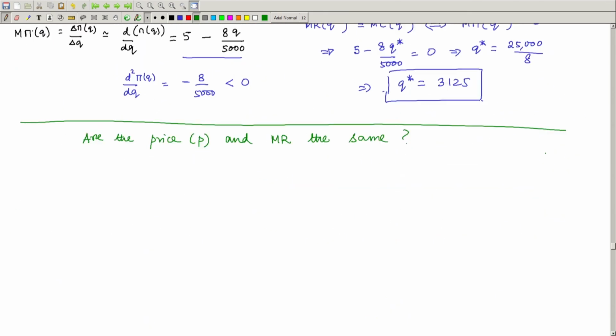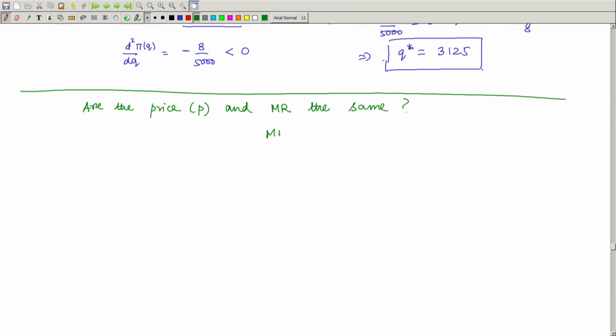Let us make a note: the marginal revenue for the firm when it increases its output from Q equal to 1000 to Q equal to 1001 is rupees 4.7994 per unit, which is to say that when the firm is producing and selling the 1001st unit, the extra revenue from the 1001st unit is this number, 4.7994.